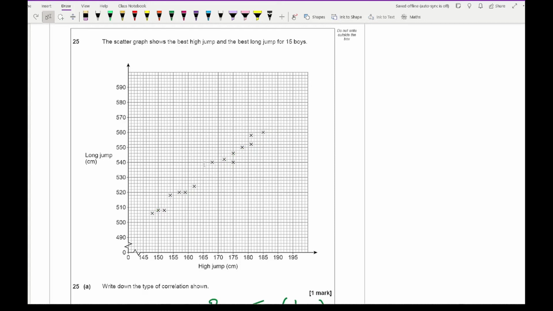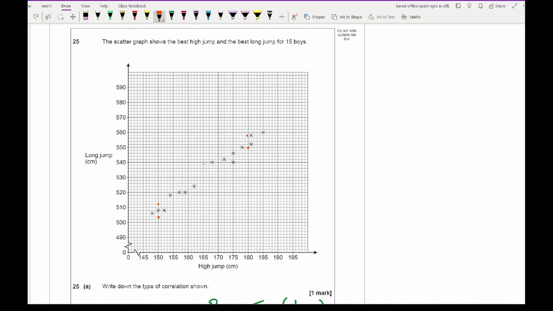Now in terms of this, the line of best fit needs to go between these boundaries. So it needs to go from 150 to 504, which is this point here, and between 512, which is that point there, and it needs to go from 180, and this is from the official mark scheme, 180 to 550, which is here, to 558, which is here.